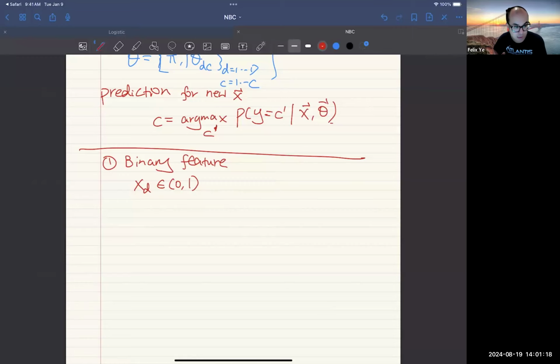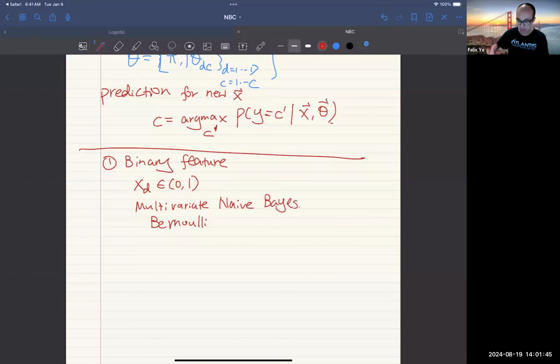We have what is called multivariate Bernoulli naive Bayes. So what does that actually mean? You have a whole bunch of features from x1 to xd, and each component can only be 0 or 1. So that would be multivariate Bernoulli naive Bayes right here.